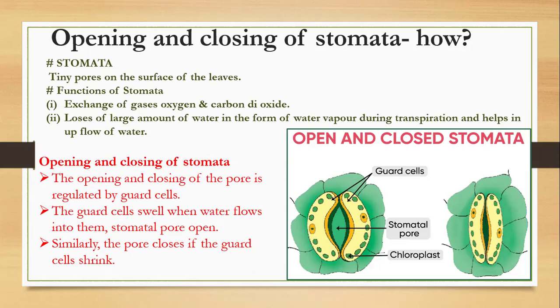So regarding the opening and closing of the stomatal pore, here I am representing one cell: that is the guard cell, that is the stomatal pore, that is the nucleus, and that is the chloroplast. And the very important factor is that opening and closing of the pore is regulated by the guard cell.